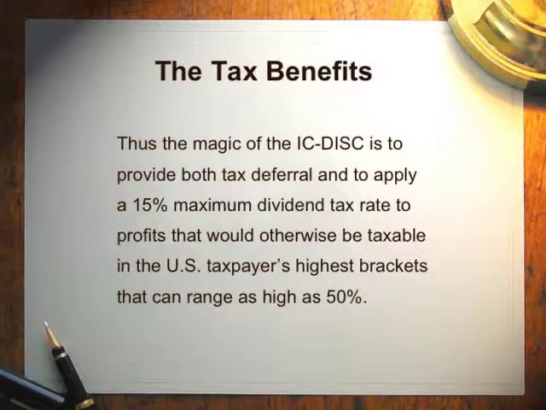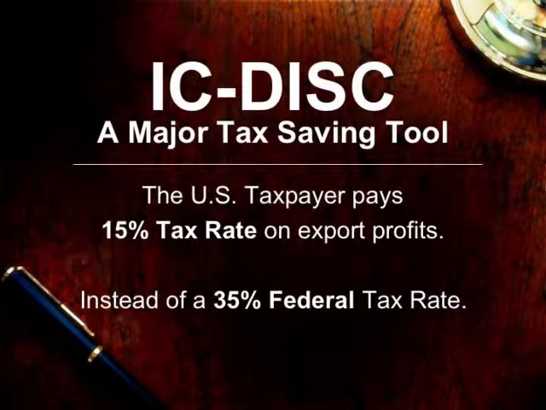Pay those export profits to a DISC, not pay any U.S. tax on those export profits, not pay a federal 35% tax on it, not pay a 10% state tax on it, not pay a 5% city tax on it, and instead pay a 15% personal dividend tax on all of that export income that you've been able to legally transmit over to the DISC, for what in effect has been a cleansing process, all right?